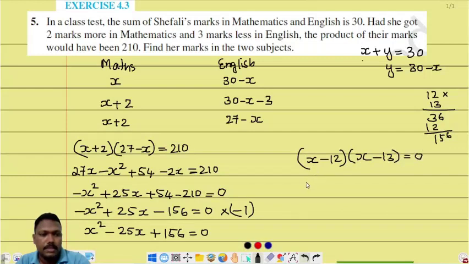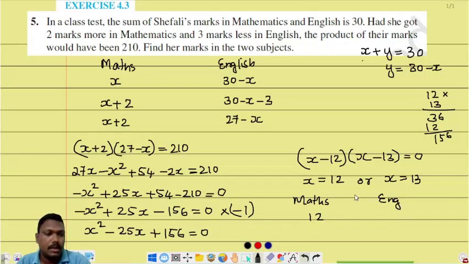So from this we will get x is equal to 12, and from this you will get x is equal to 13. So two values are there, both are positive. So x is equal to 12 or x is equal to 13. That means suppose the maths mark is 12, English mark will be 30 minus 12, that is 18.